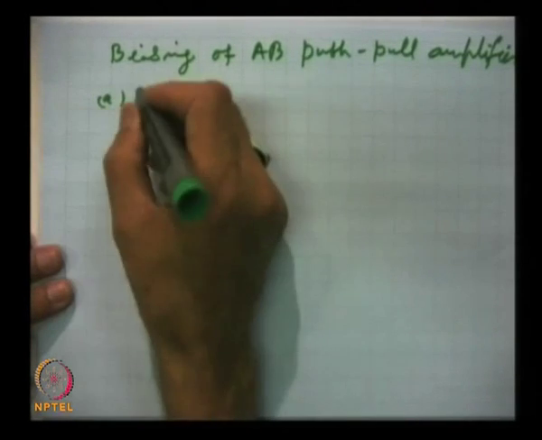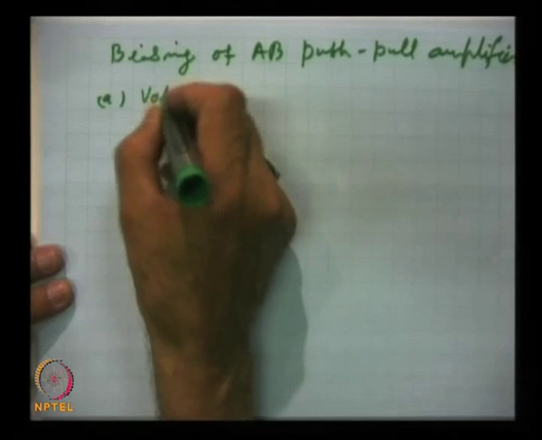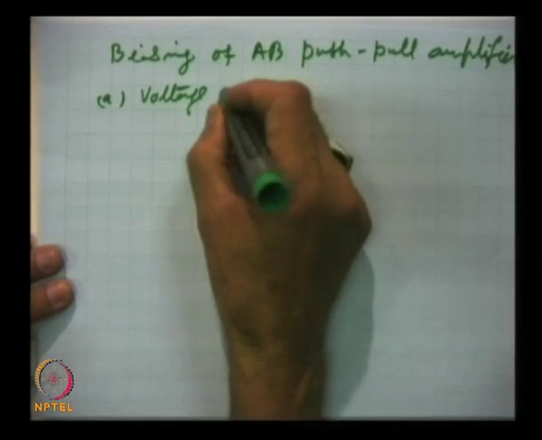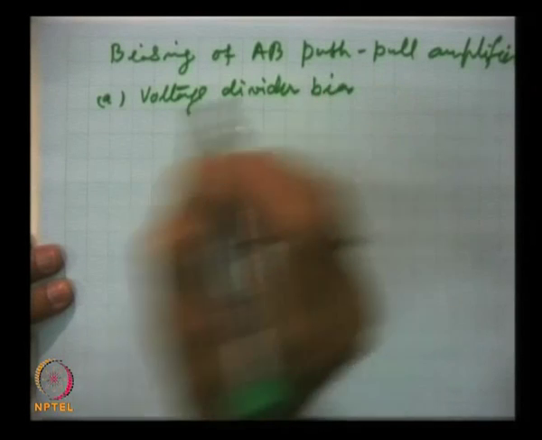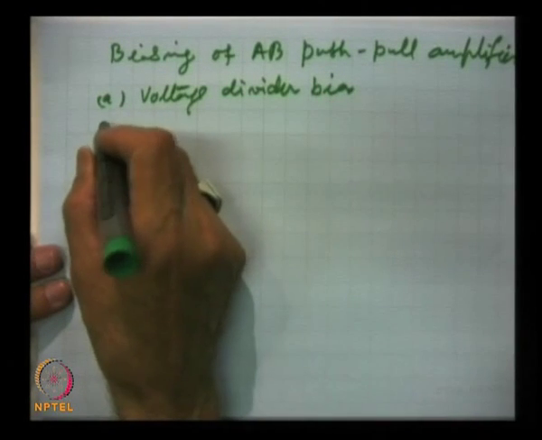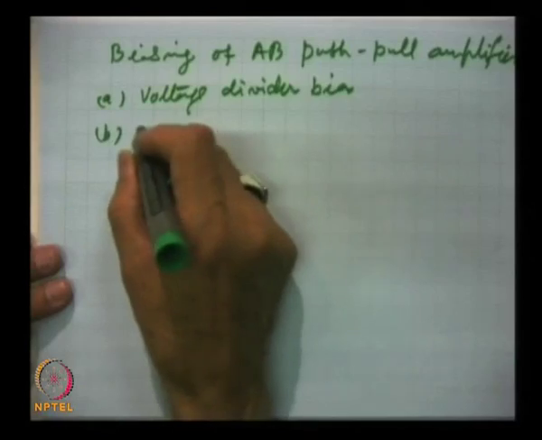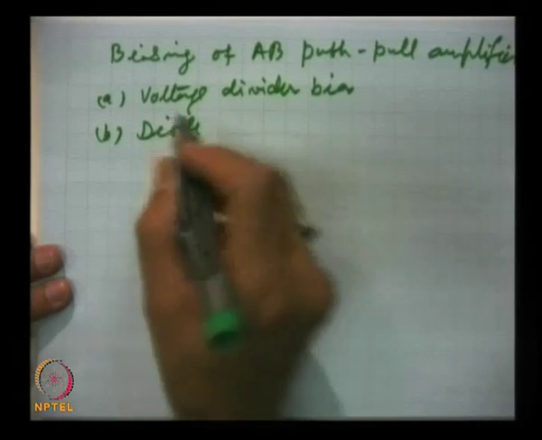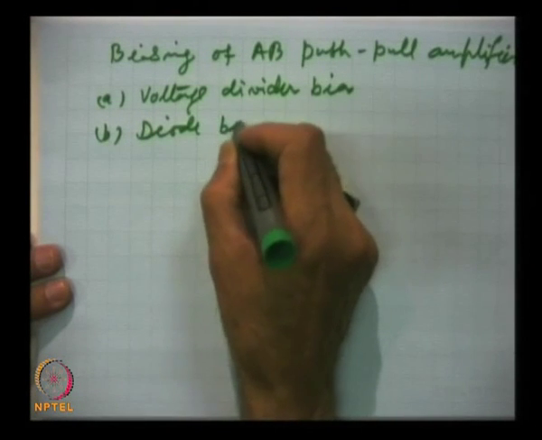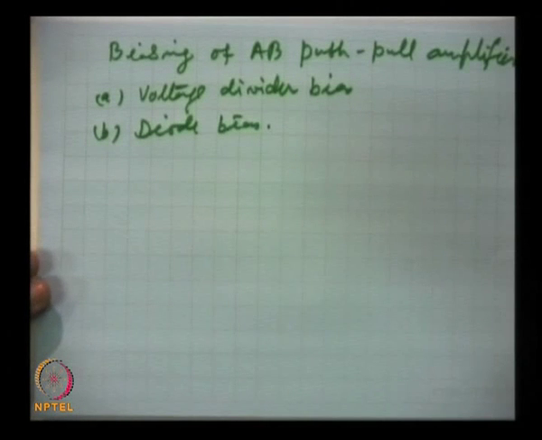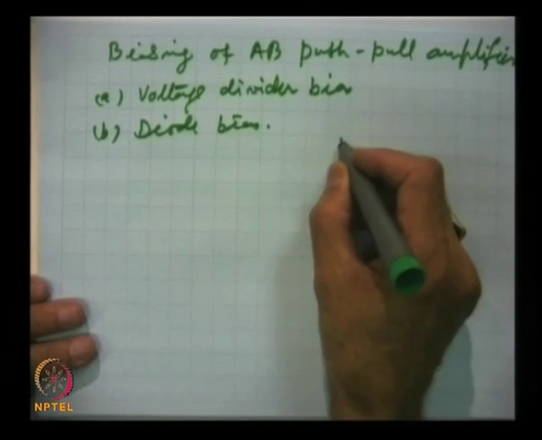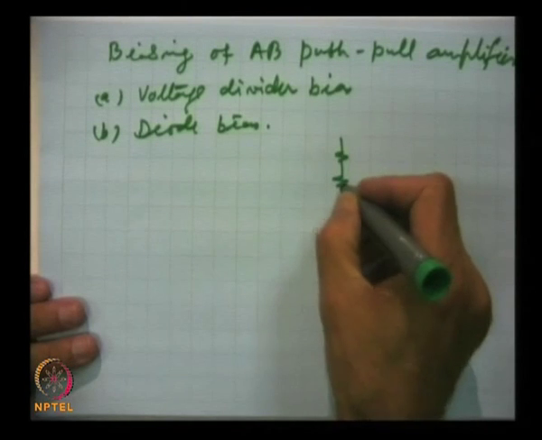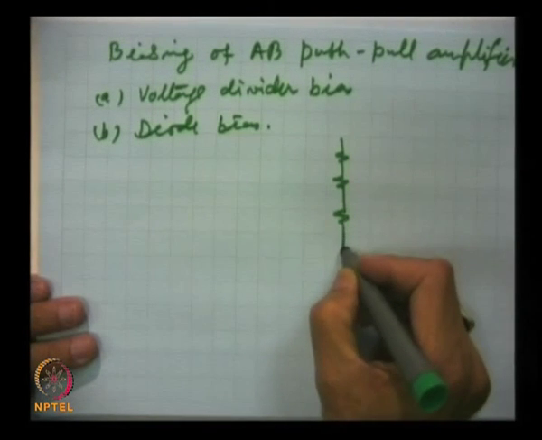One is voltage divider bias, and the other one is diode bias. Now, this is the complete design of class B push-pull amplifier.